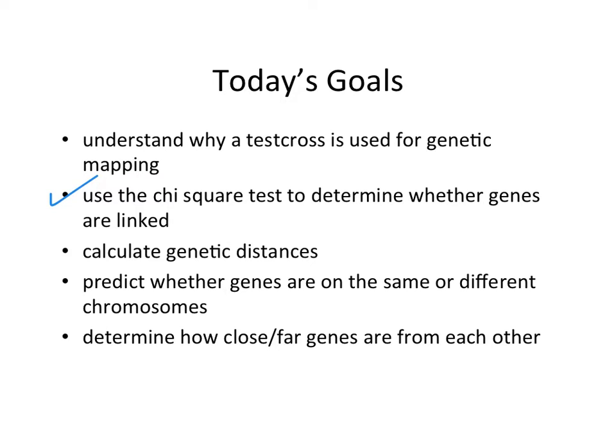We want to figure out where genes are located relative to each other. It's all motivated by the question we started asking last class: how do we know if we can combine different phenotypes from different individuals by crossing them together? So we want to know where genes are located. Are they on the same chromosome or on different chromosomes, and how close or far apart are they? That's what genetic mapping is useful for.